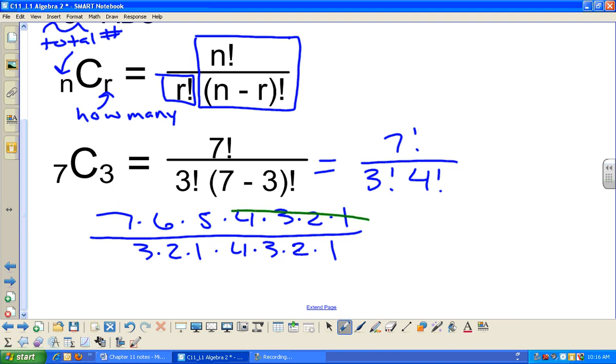I can cancel out my 4, 3, 2, 1 on both top and bottom. And then I can cancel this 3 out with my 6, and the 2 out with the remaining 2. So I'll just have 7 times 5, which is 35.